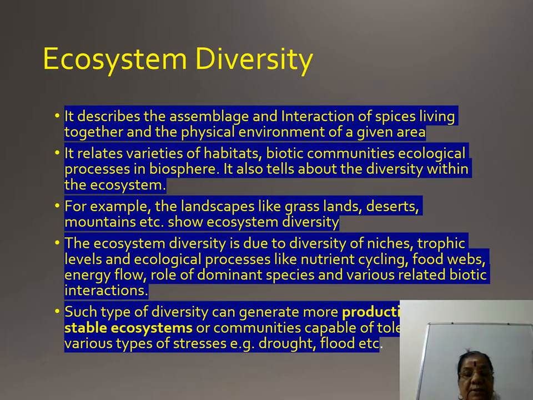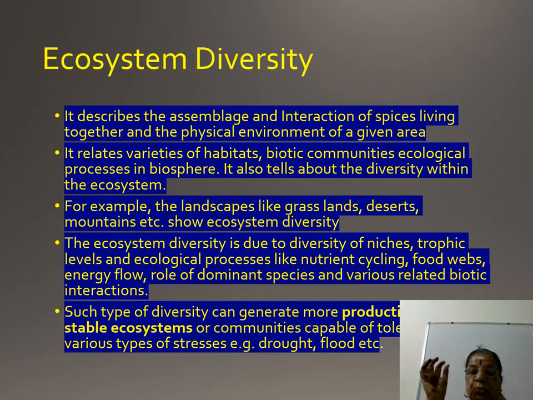Trophic level means in a food chain, producers, primary consumer, secondary consumer, tertiary consumer, and ecological processes like nutrient cycling, food web, energy flow, role of dominant species and various related biotic interactions. Nutrient cycling is the food chain. From producers to primary consumer, then secondary, tertiary, and then it goes to decomposers.